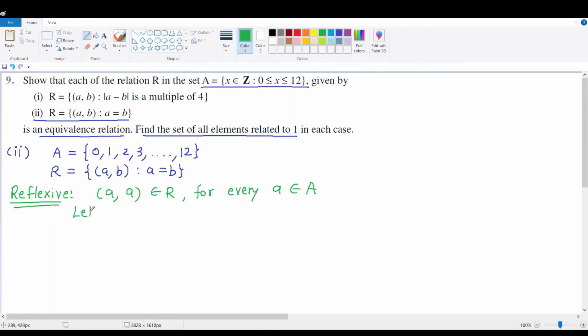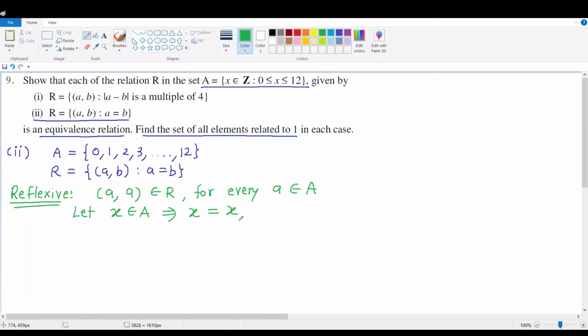Now let a equal x, or let x belong to A. That means (x, x) belongs to R, and that's what we need to show. So if x belongs to A, and from the condition a is equal to b, this means x is equal to x.